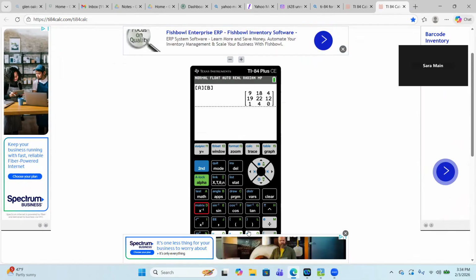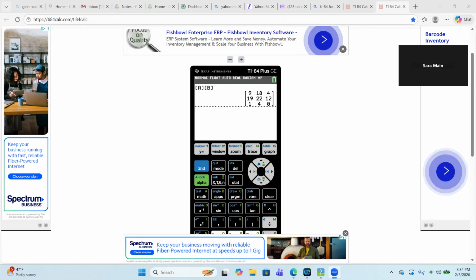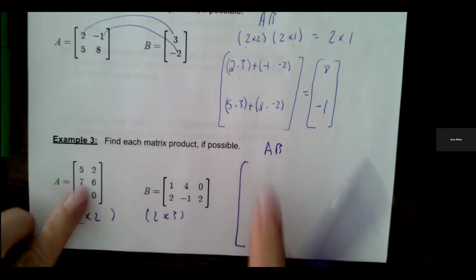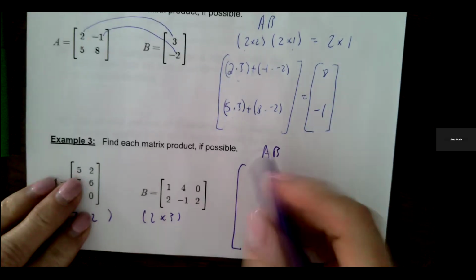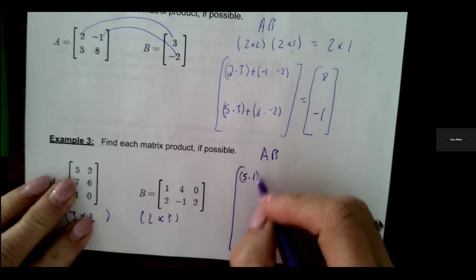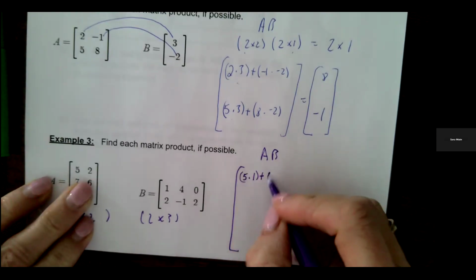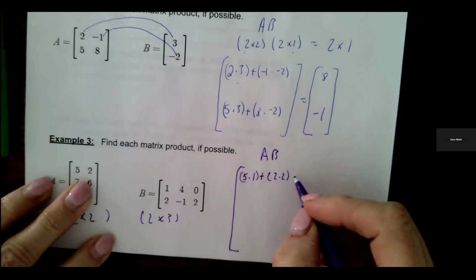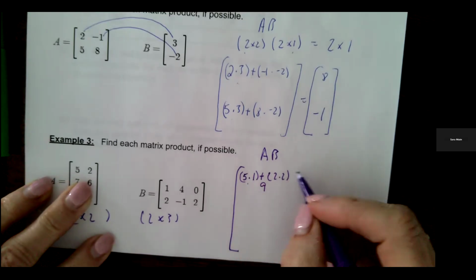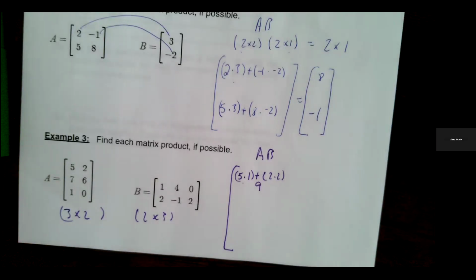I'm going to go back and share my paper screen because I want us to validate by hand just one of the elements here. Okay. Let's just validate the very first one. Should be 5 times 1 plus 2 times 2. So that should be 5 plus 4 should be 9. Okay.